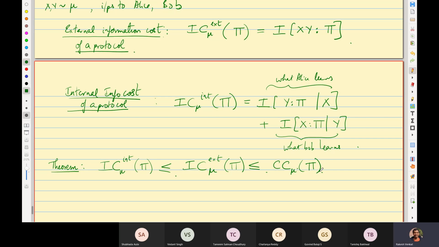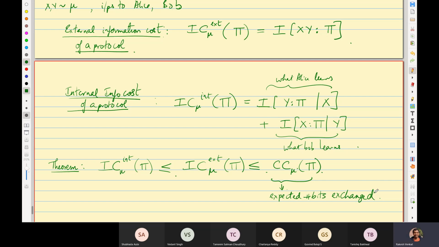Now, one has to be a bit careful here. As you would expect, because you're working with information, this is the expected number of bits exchanged under mu.